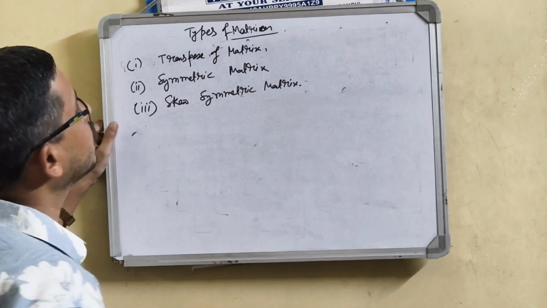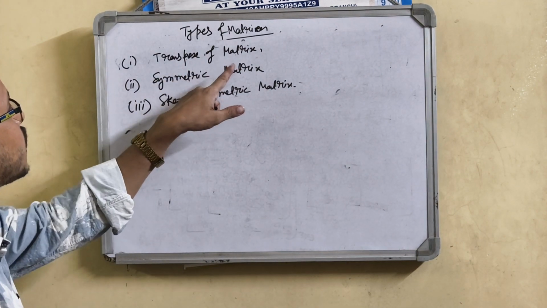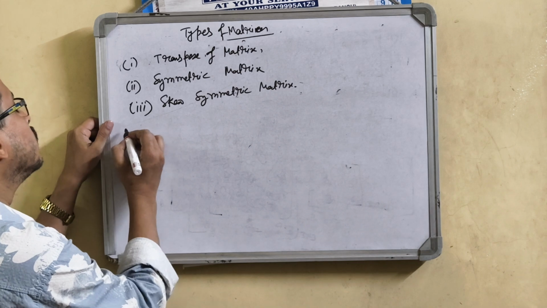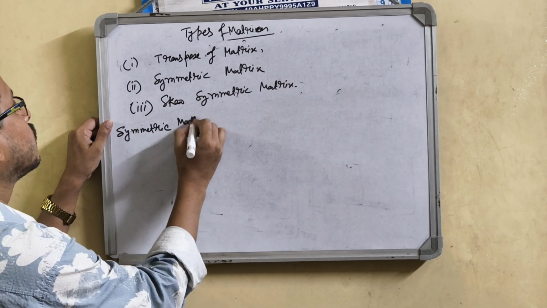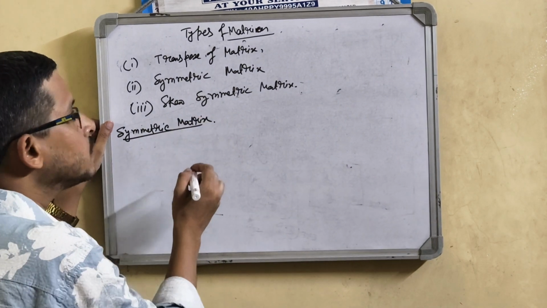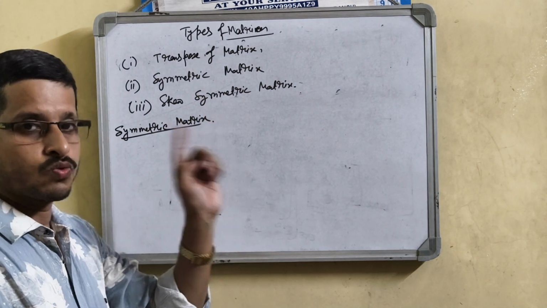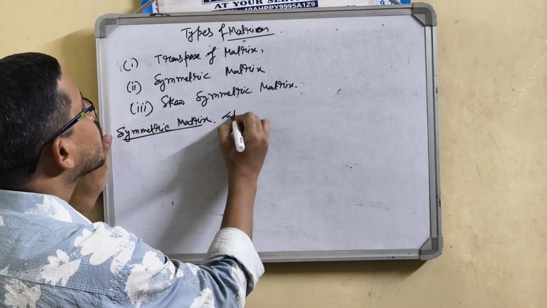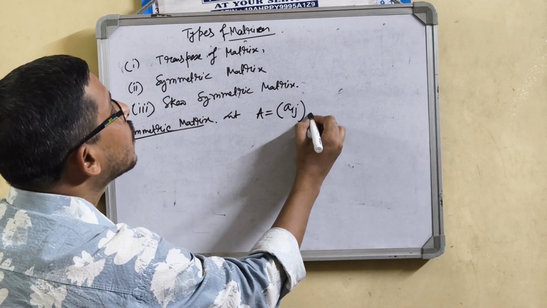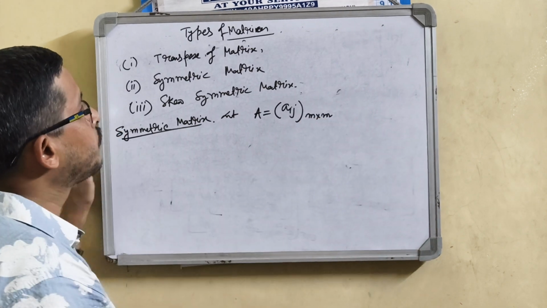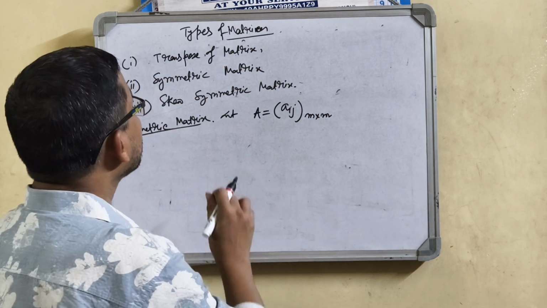It depends upon the definition of transpose, which is why I discussed the transpose of the matrix first. A symmetric matrix should be a square matrix. Let A is equal to Aij of order m by m.